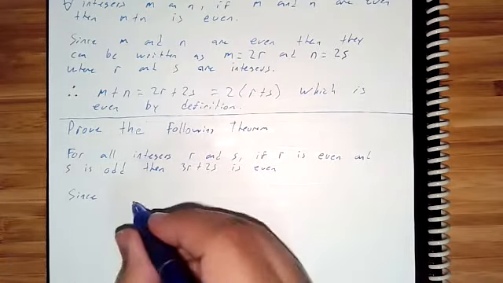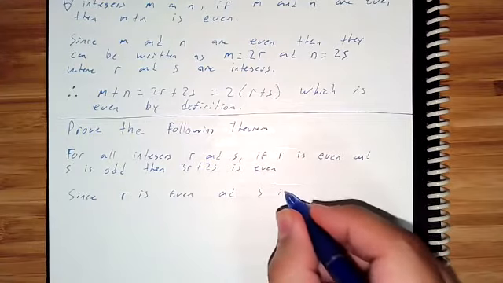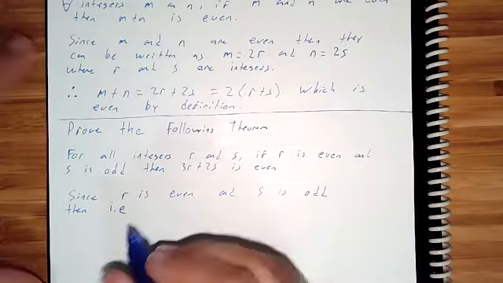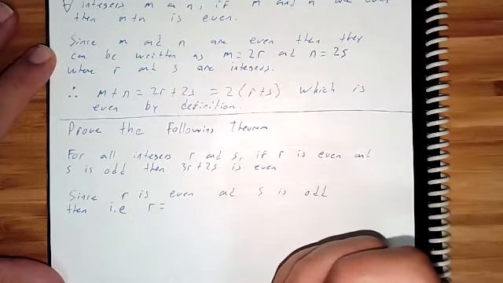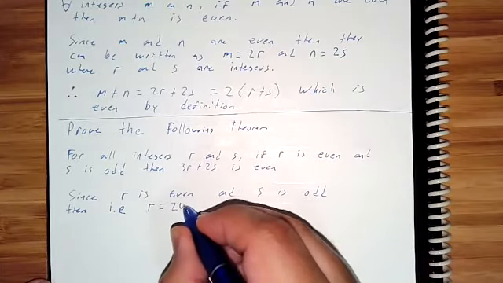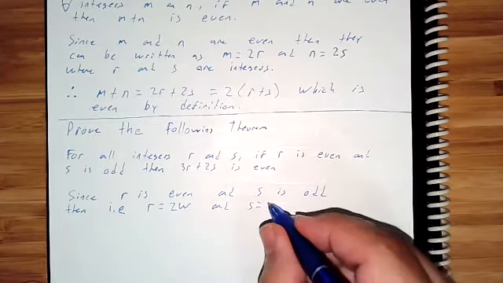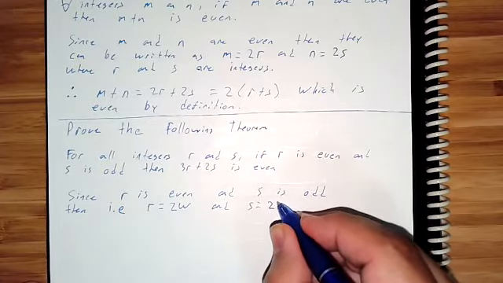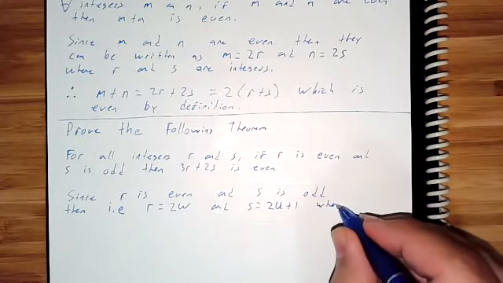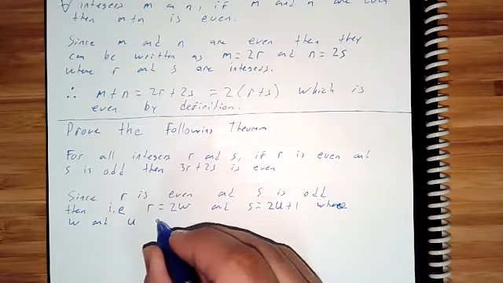Okay, so let's use the definition. Since r is even and s is odd, that is to say r is equal to 2 times, I'll just make up some letter, 2 times w, and s is equal to 2u plus 1, where w and u are integers.